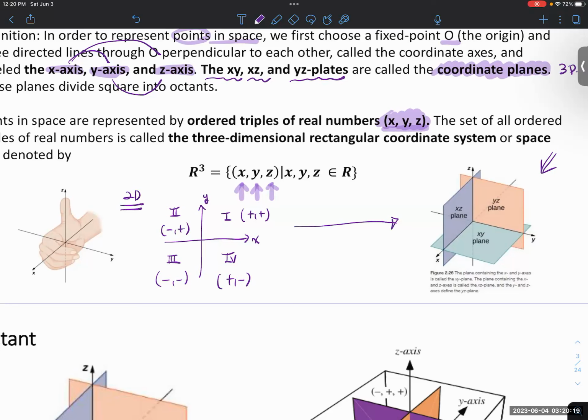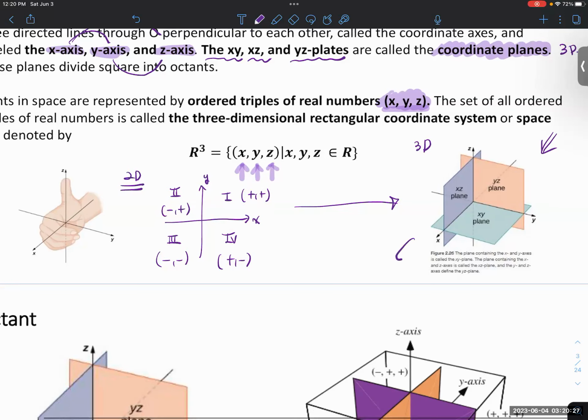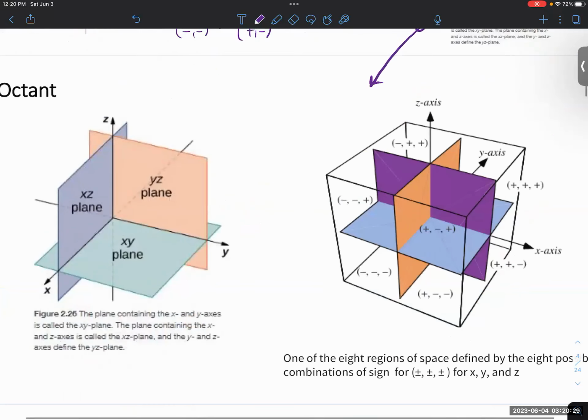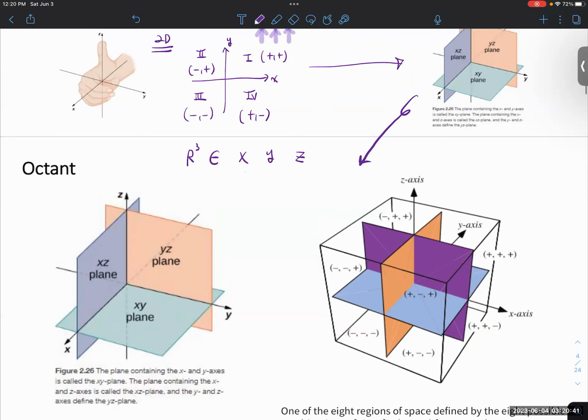But look at this. We are dealing with three-dimensional space, and you will see more combinations. I will show you in this image. So we have x, y, z. If you write down all the possible combinations, x, y, z could be positive, positive, positive, or positive, positive, negative, positive, negative, positive.